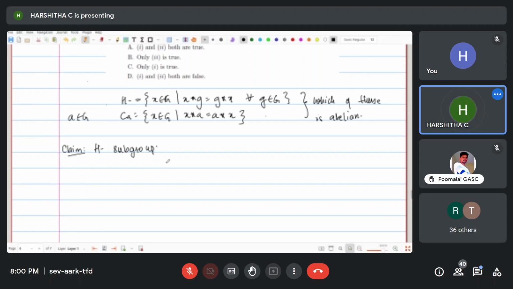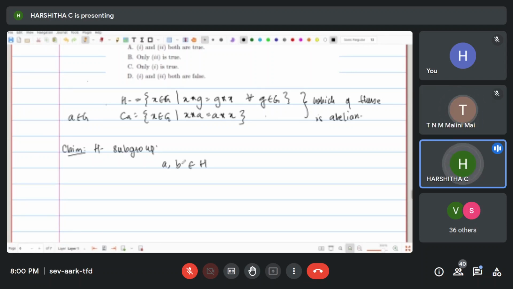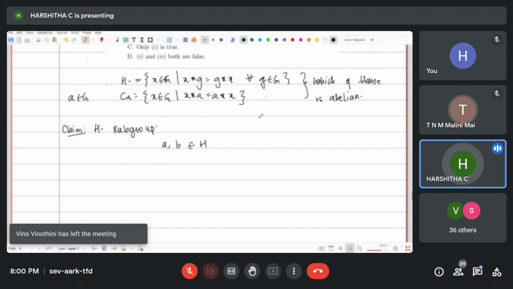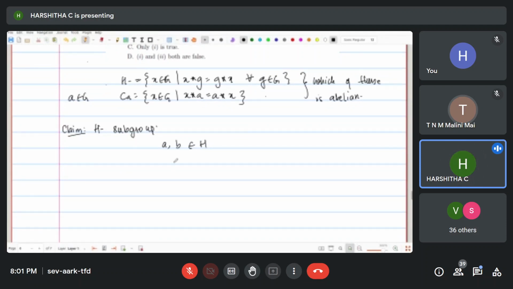So, let us take two elements in H. And what do you have to show? That AB inverse belongs to H? We have to show that AB inverse commutes with every other element, right?